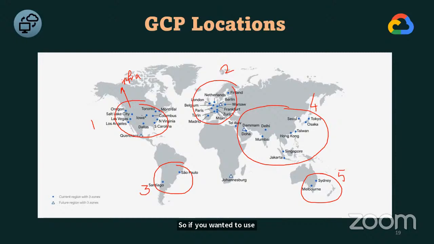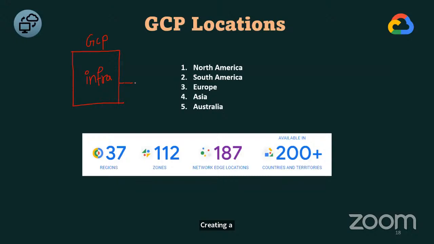If it were in one single location, you would find it difficult to connect to that particular server and create a resource. So they divided the infrastructure into 5 locations, guys: North America, South America, Europe, Asia, and Australia.